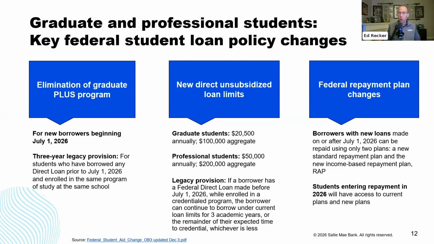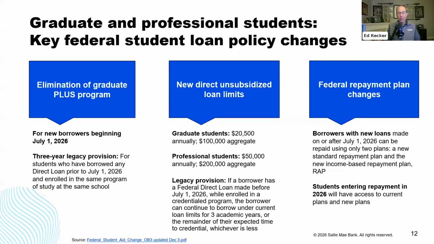But if you haven't borrowed up to this point, and there are some exceptions to that, but realistically, if you haven't borrowed in this program previously, odds are you will not be able to borrow moving forward. So that's the big one. We've gone through some of those limits as well. And the last thing I'll hit on with this slide is that they have changed some of the repayment plans.